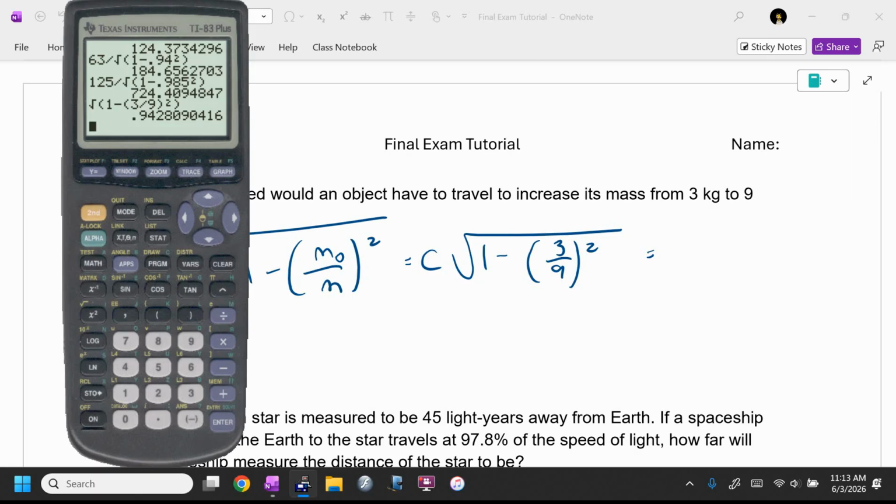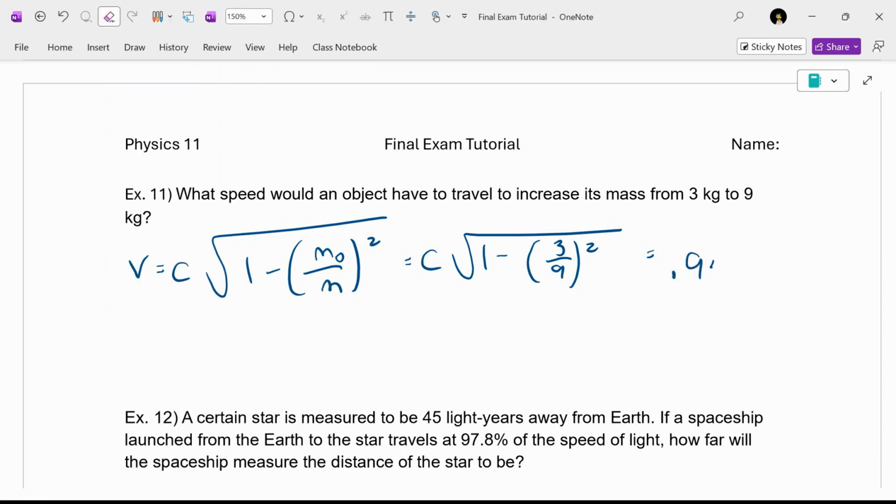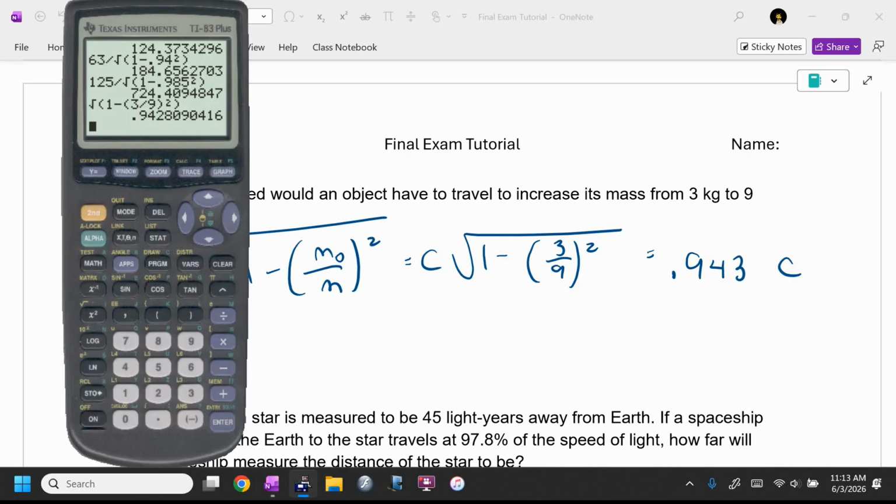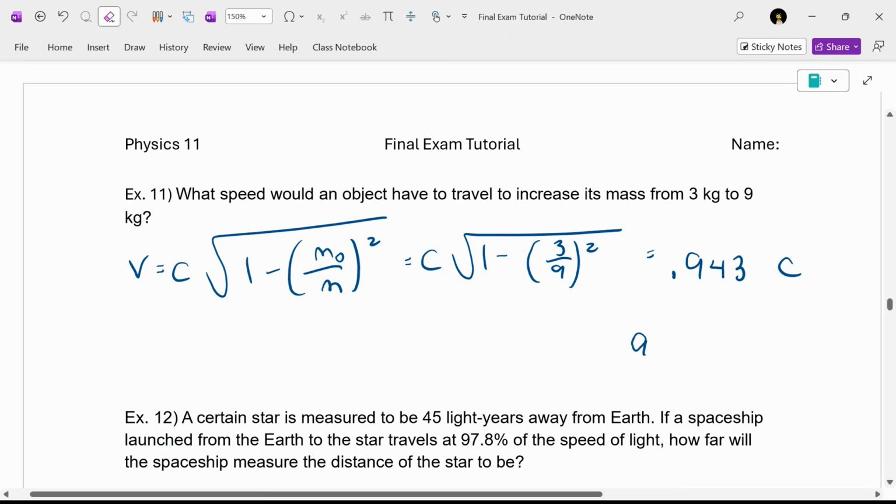I'll go 0.943 C. Is that right? 0.943? Yes. Or 94.3% of C. This question didn't say it wanted a percentage. The test will, or you'll look at the answers and figure it out.